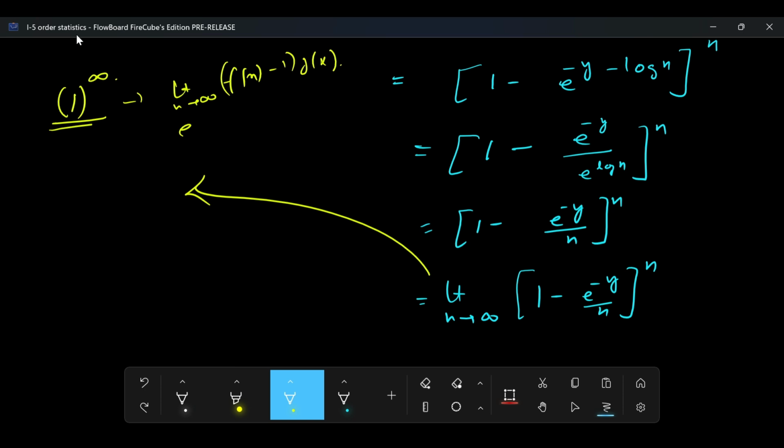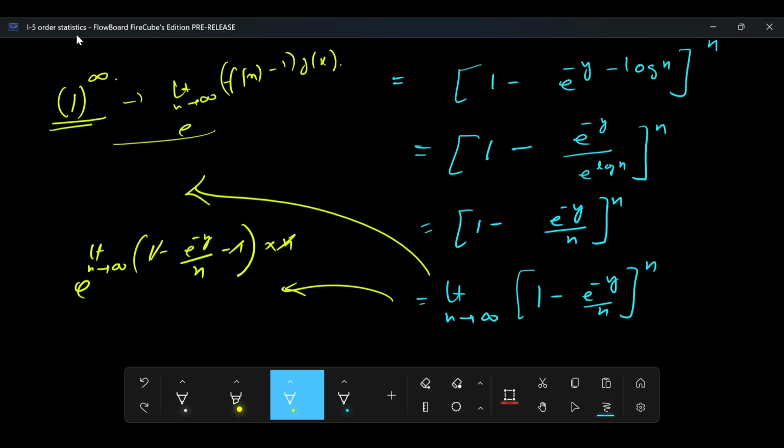Similarly we will do it here. So this is e raised power limit n tending to infinity of (1 minus e raised power minus y divided by n minus 1) into n.